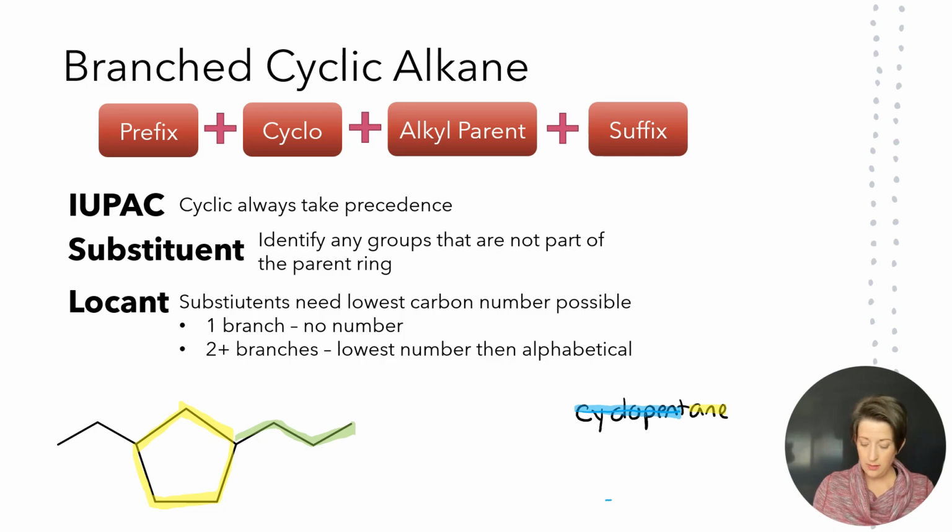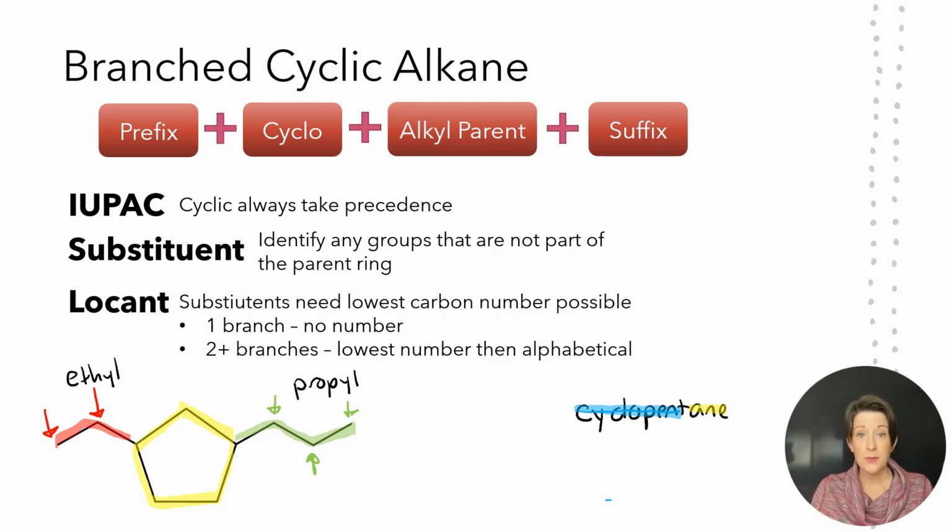So we have 2 different branches on this cyclopentane. Looking at this red one first, we have 1, 2 carbons. That means it's an ethyl group. On the other one, we have 1, 2, 3. 3 carbons gives us the propyl group.